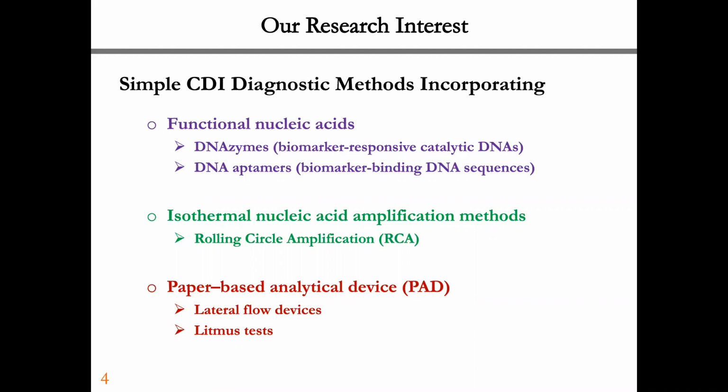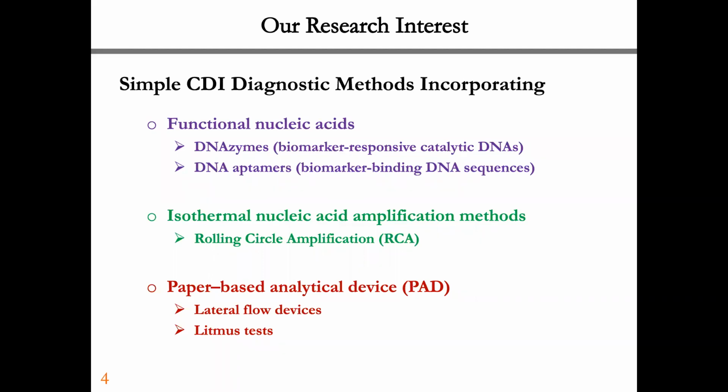These are synthetic and made in a test tube. They can be chemically synthesized, so they can be cheap and widely available. Similar to that is a DNA version of an antibody, which we call DNA aptamers. Those are biomarker-binding DNA sequences, and for C. difficile we would target specific proteins for detection.